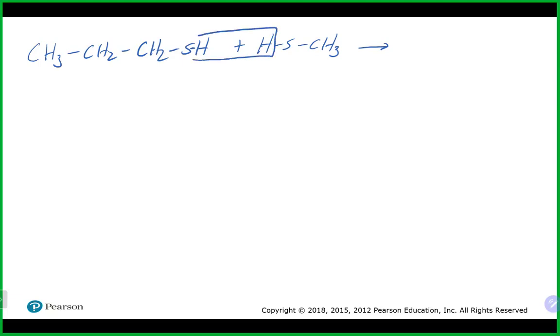So let's just say we had two thiols like this, CH3, CH2, CH2SH, and let's say we added it to this thiol here, we'll just make a small one. When we take two thiols together, we are going to remove a hydrogen from each of the thiols, and that'll give us our H2.